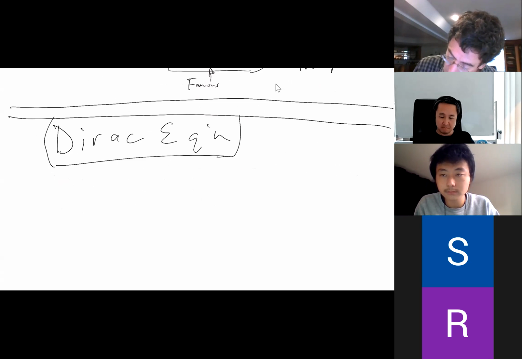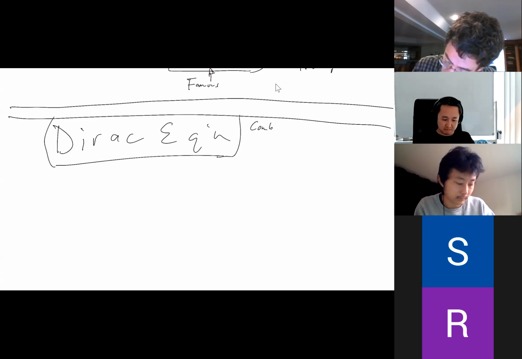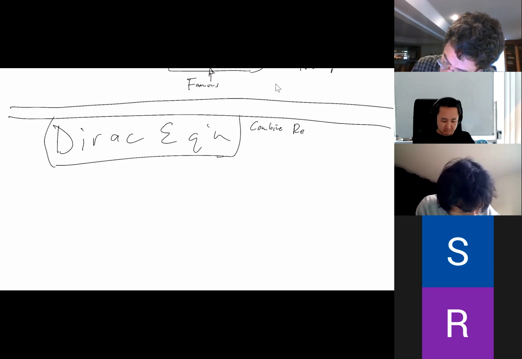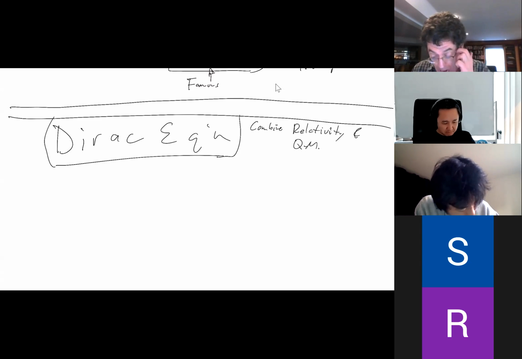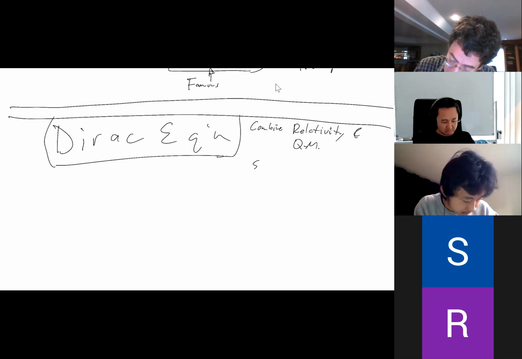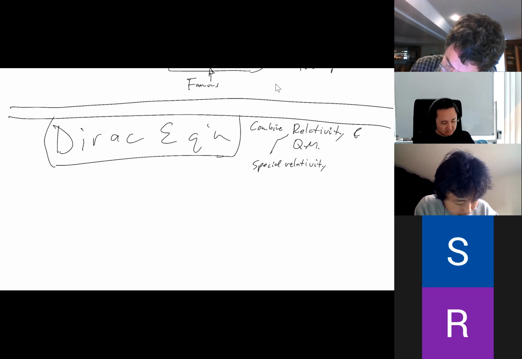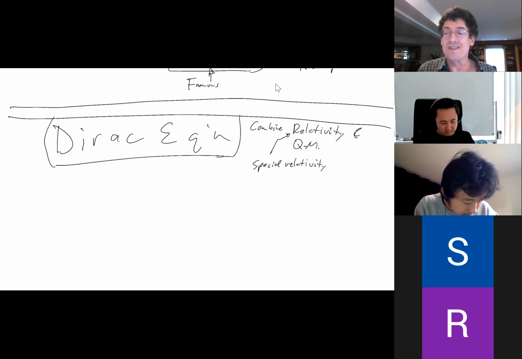This was the first attempt to combine relativity and quantum mechanics, and it was successful. But the relativity is special relativity. So this is how we combine special relativity and quantum mechanics, and it worked.